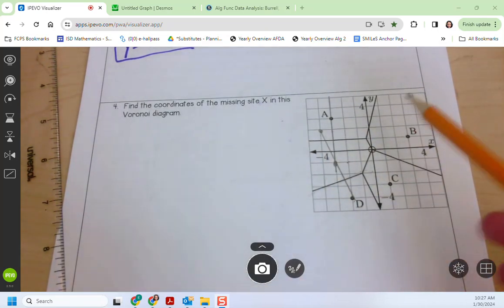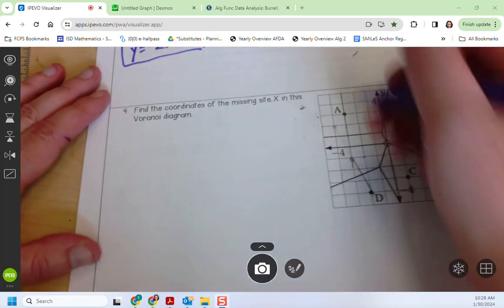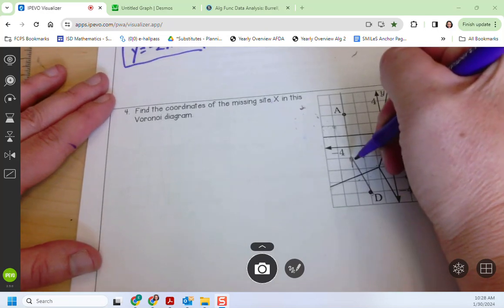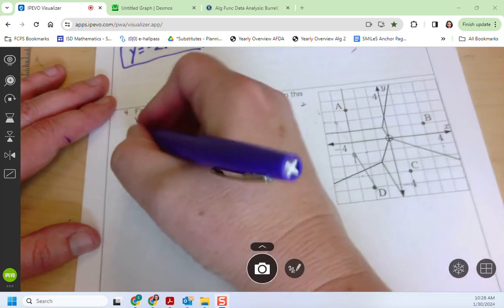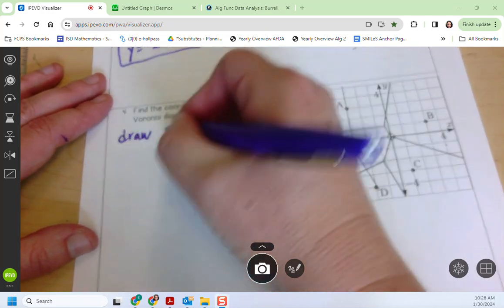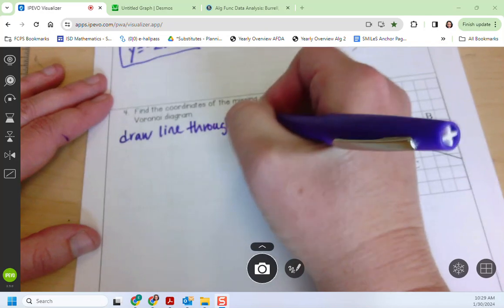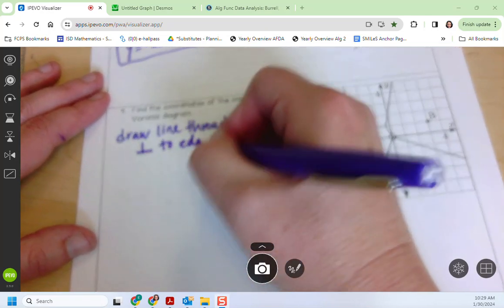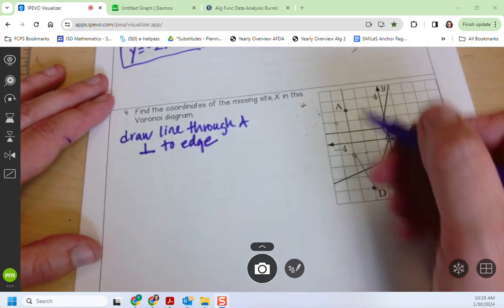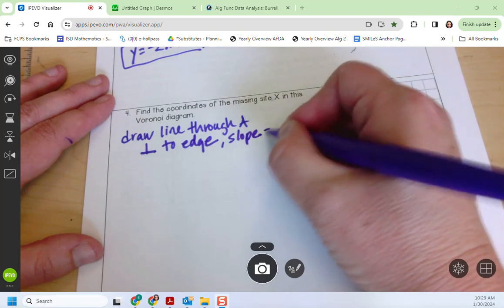Go ahead. I'm confused on what we're doing. All right. So we found the line that was perpendicular to this edge and went through A. So draw a line through A, perpendicular to the edge, and the slope is undefined because it's perpendicular to the 0 slope.